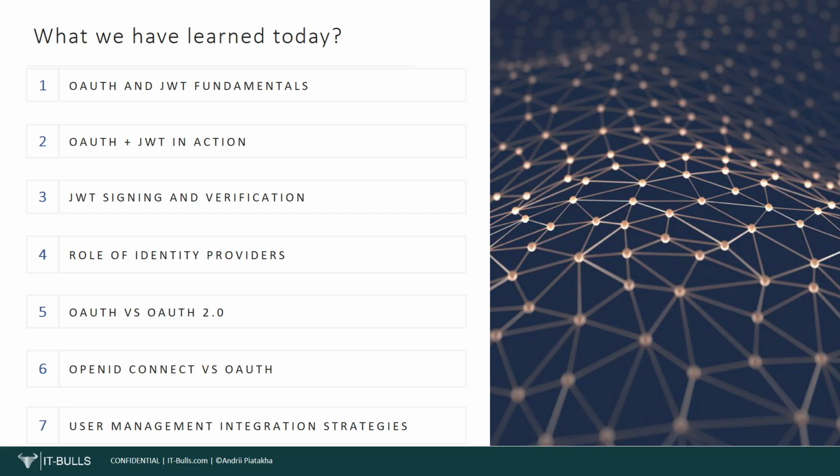I explained the role of the identity provider in managing and verifying user identities. We compared OAuth with OAuth 2 to highlight key differences and improvements. You discovered what OpenID Connect adds to OAuth and how the two protocols differ. Finally, we looked at how to manage users with an identity provider and connect them to your system.